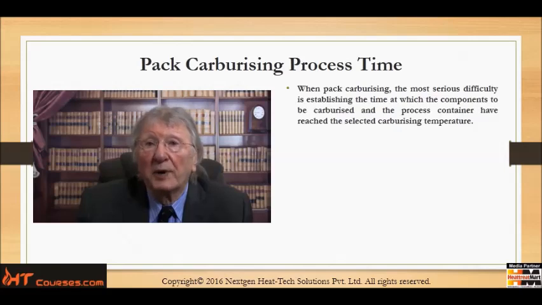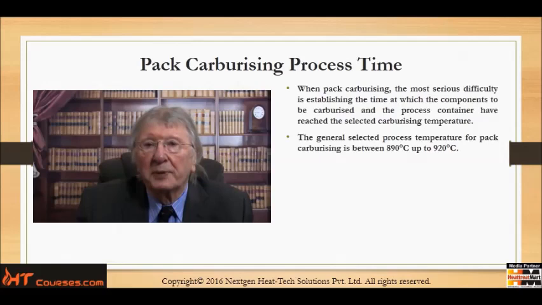When pack carburizing, the most serious difficulty is establishing the time at which the component to be carburized and the process container have reached the selected carburizing temperature. The general selected process temperature for pack carburizing is between 890 degrees centigrade up to 920 degrees centigrade.